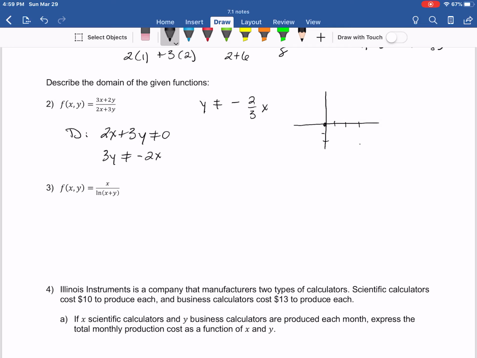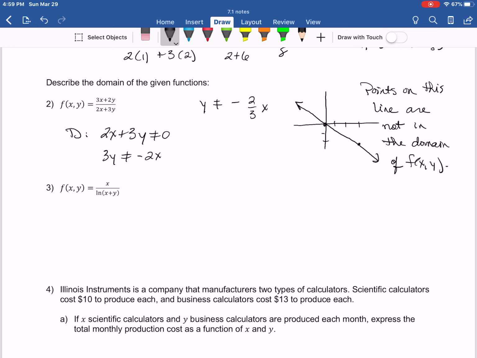So if I graph this line, y equals negative 2/3 x, you're going to get something like this. And so the domain for this function f of x, y is going to be any point that you can come up with, except for all the points that lie on that line. So points on this line that we've graphed are not in the domain of the f of x, y function given for this example.